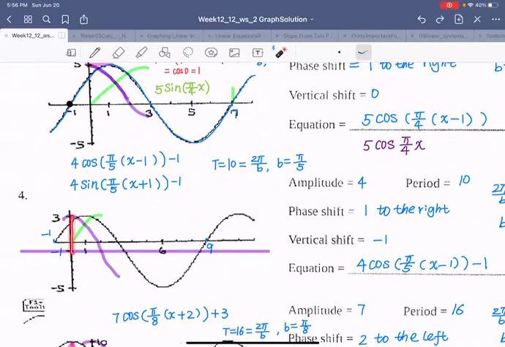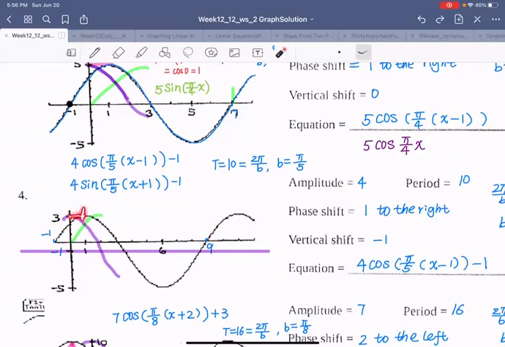Since the top of the wave is 3, that means the amplitude is 4. I think for this one, I'll go with cosine. Since it is shifted to the right, that means it is subtracting 1.